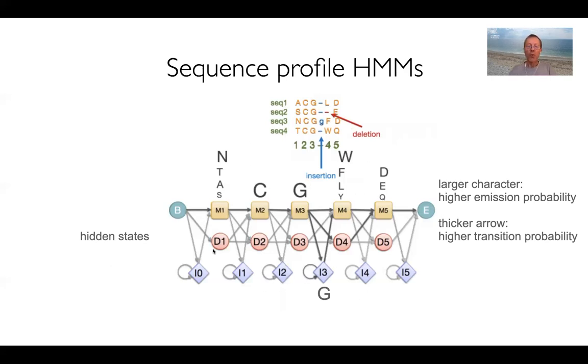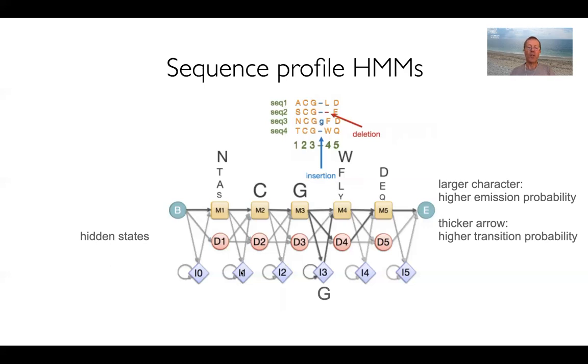So with this somewhat more complicated architecture, you can represent ungapped alignments when you just follow M1, M2, M3, M4, M5 directly. Or you can introduce deletions when you have a sequence and you want to align it to the multiple sequence alignment, or you can represent insertions. And you can also represent multiple insertions. You can insert one residue between columns 1 and 2, or you can loop back and insert a second one or a third one.